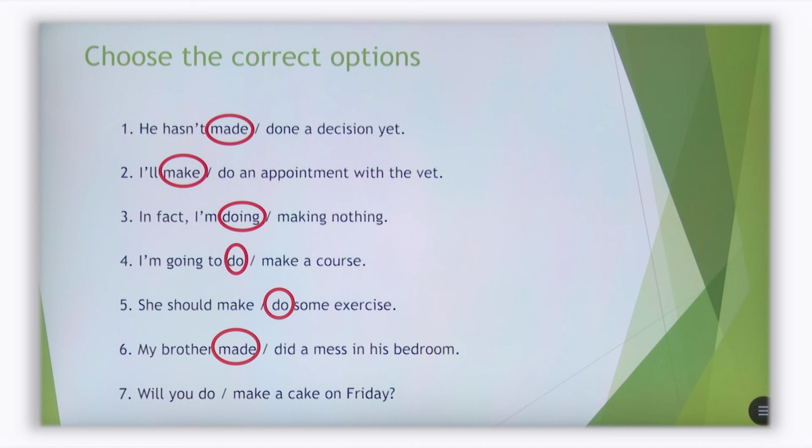Will you do or will you make a cake on Friday? It's make, the word that we have to use in this case. Will you make a cake on Friday?